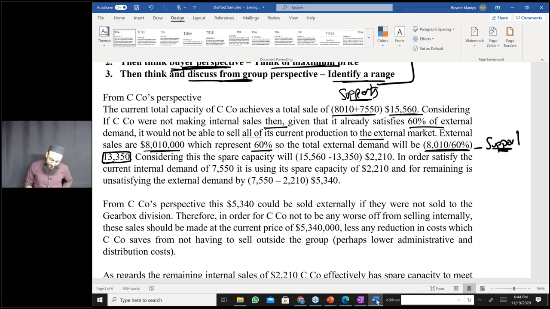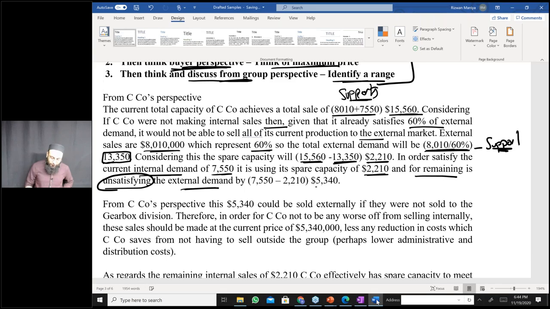Considering this, the spare capacity will be 15,560 minus 13,350, which is 2210. In order to satisfy the current internal demand of 7,550, it is using its spare capacity of 2210, right? And the remaining 5340 is unsatisfied external demand.